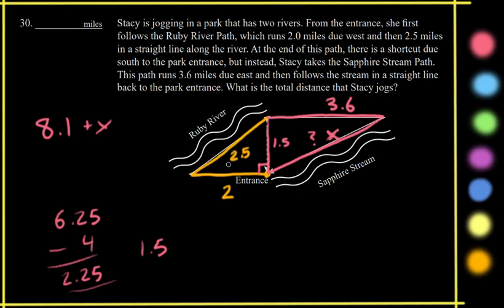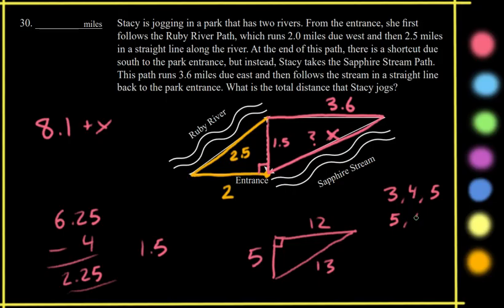So hopefully you recognize that these are in the ratio of a 3, 4, 5 triangle here. And the same thing is true of this one too. This is in the ratio of a 5, 12, 13 triangle, which is like the second most famous Pythagorean triple. So in math counts, it's useful to know the 3, 4, 5 Pythagorean triple and the 5, 12, 13.